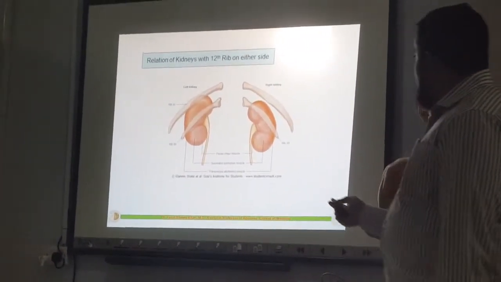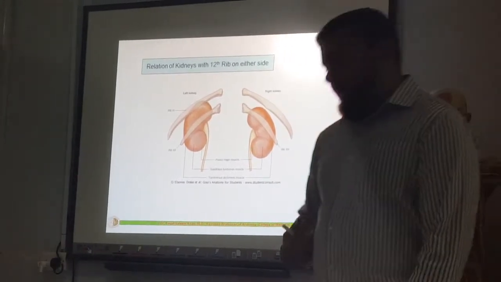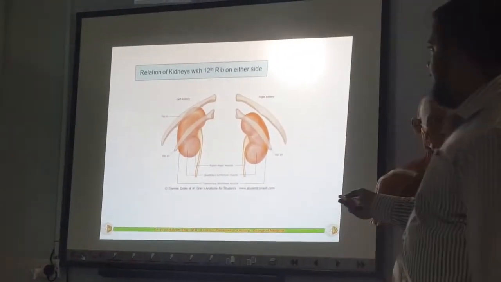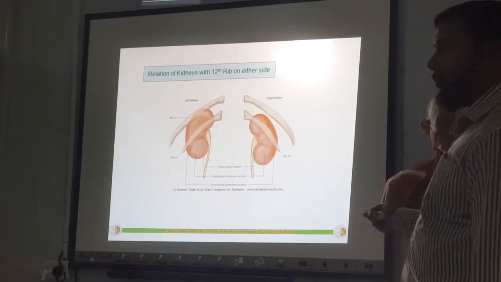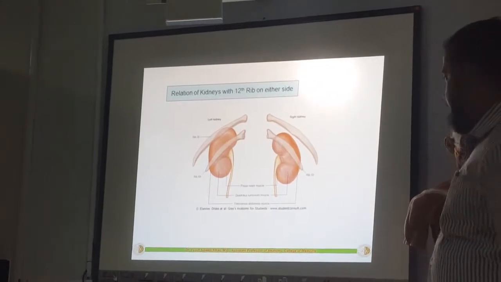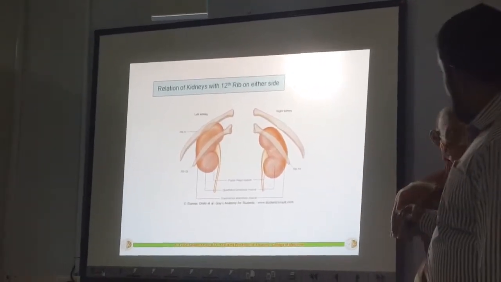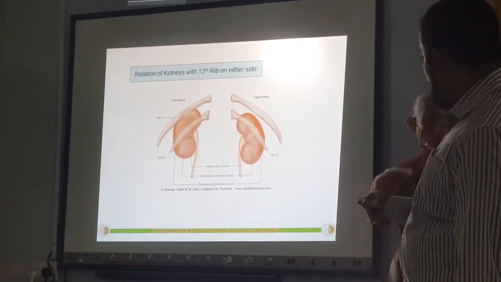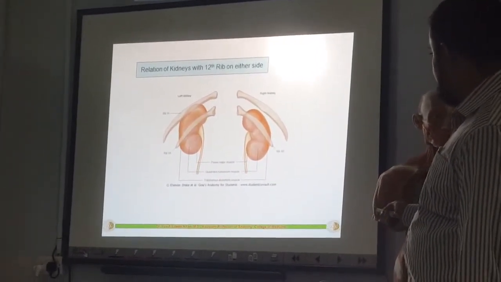If you see on the right side, as I said, the kidney is slightly lower compared to the left side. So this is the left kidney and this is the right kidney, approached from behind, not from the front. The right kidney, because it is slightly lower, only the 12th rib passes through it.